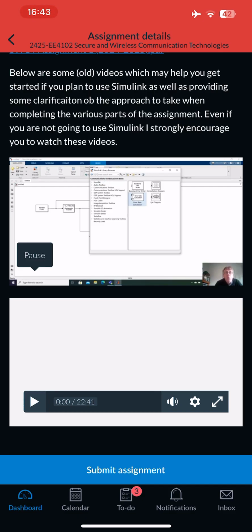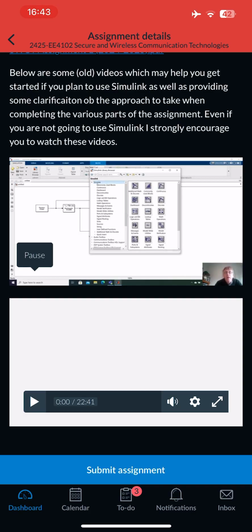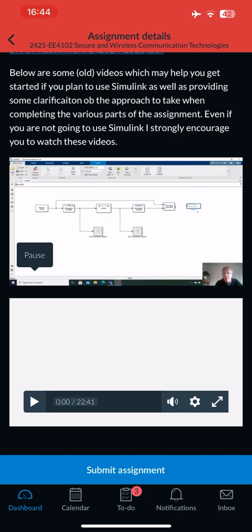Now I'll need a new block to actually see the results. So if I open the library browser again, and this time go to Simulink, and then to sinks, I want to use the display block. Again, I grab and drag it out. The display block is simply used, as the name says, to display values.